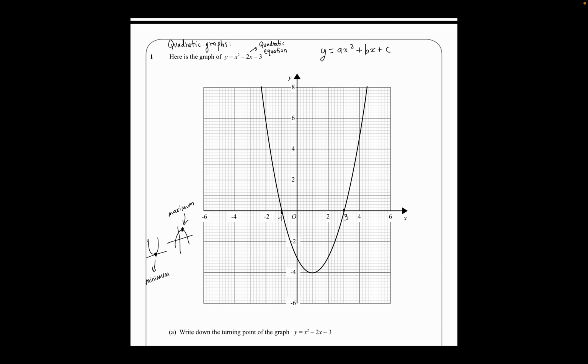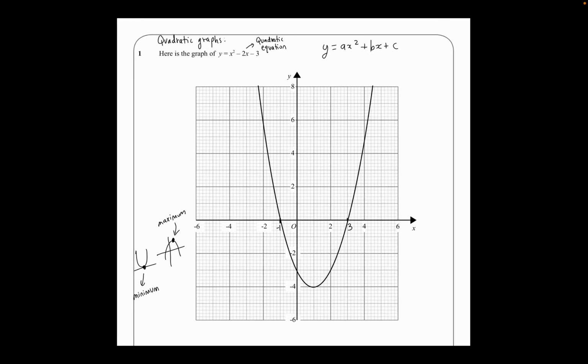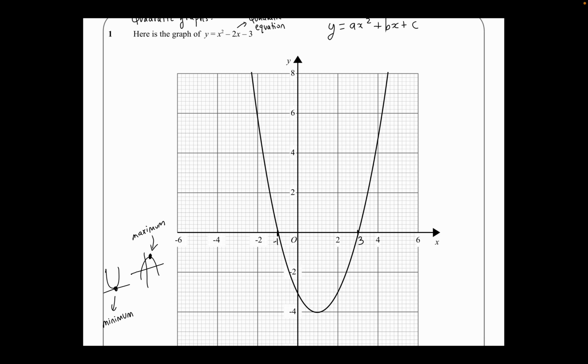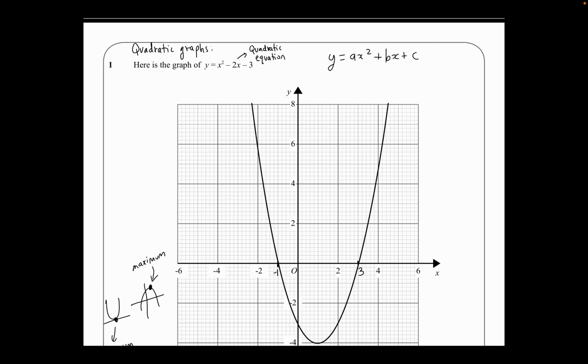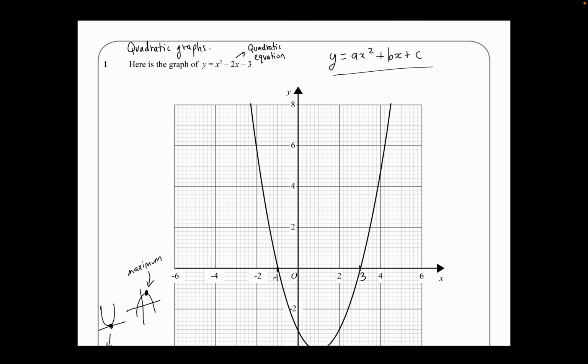Alright, so this whole questions walkthrough is for the concept of quadratic graphs. Now, when dealing with quadratic graphs, the most important thing that you have to know is the quadratic equation. The quadratic equation here is y equals x squared plus bx plus c.